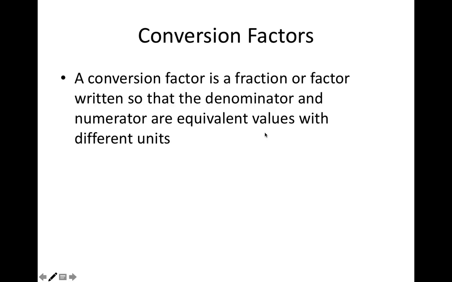Conversion factors. A conversion factor is a fraction written so that the numerator and denominator are equivalent values with different units. For example, inches are still used because in the United States, they still produce and manufacture things with units like inches and feet.